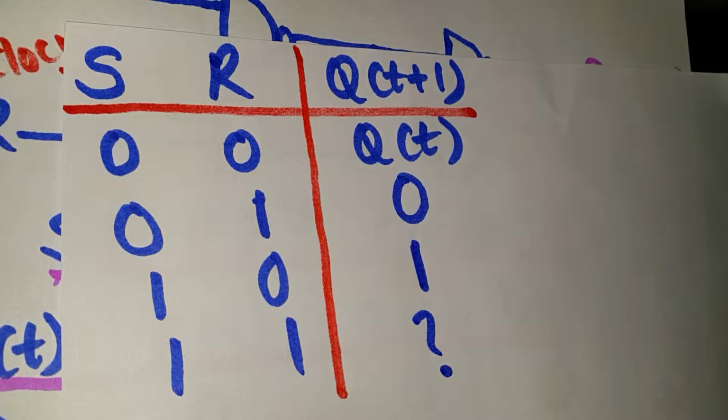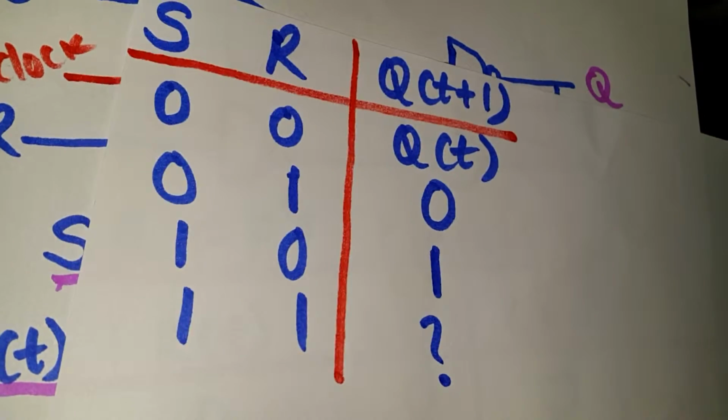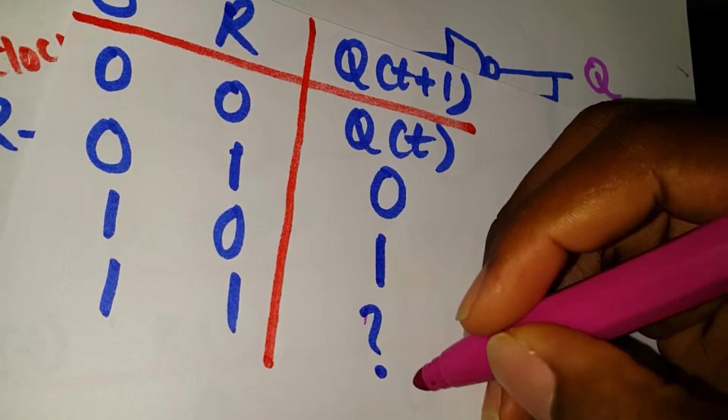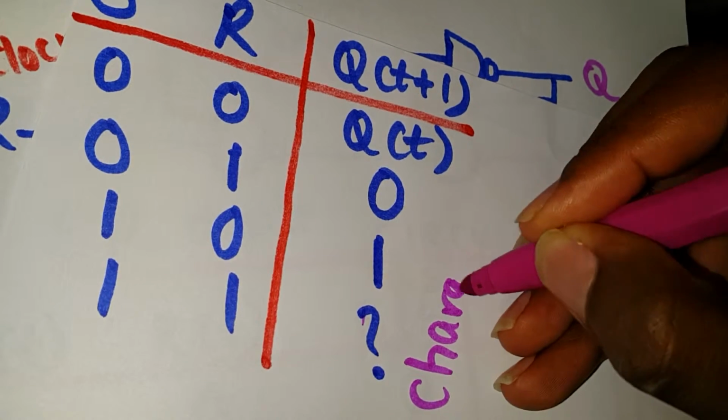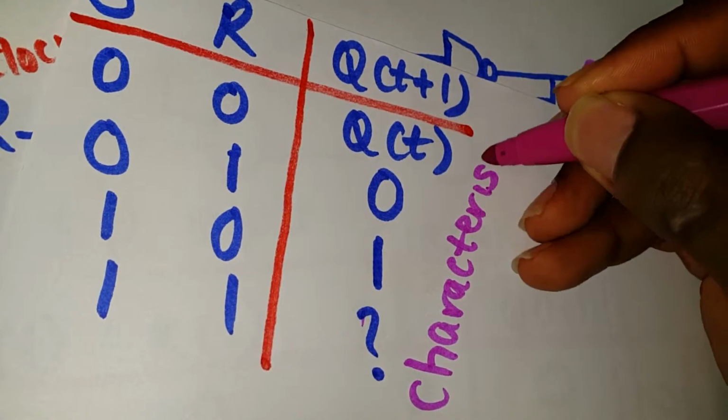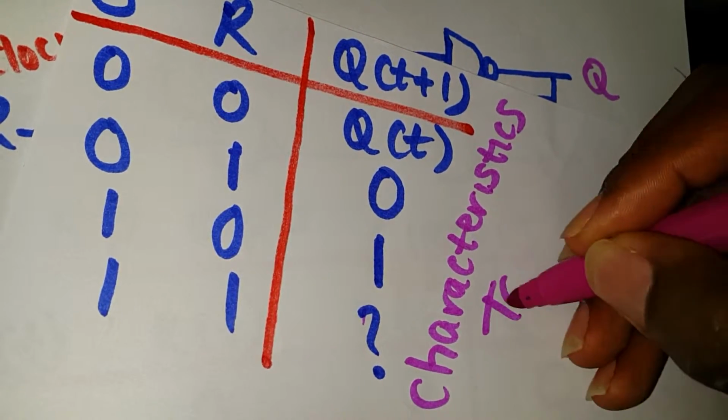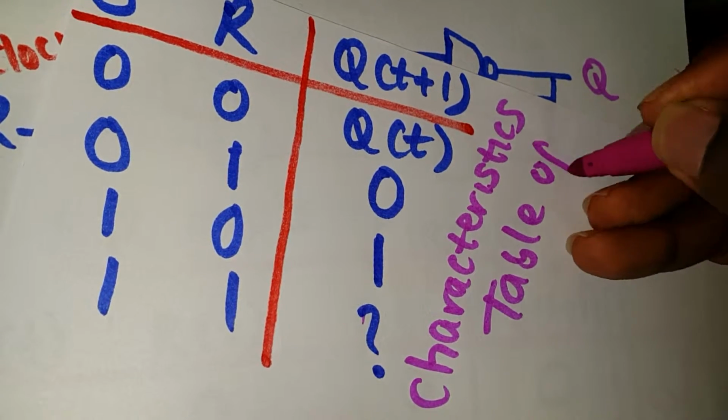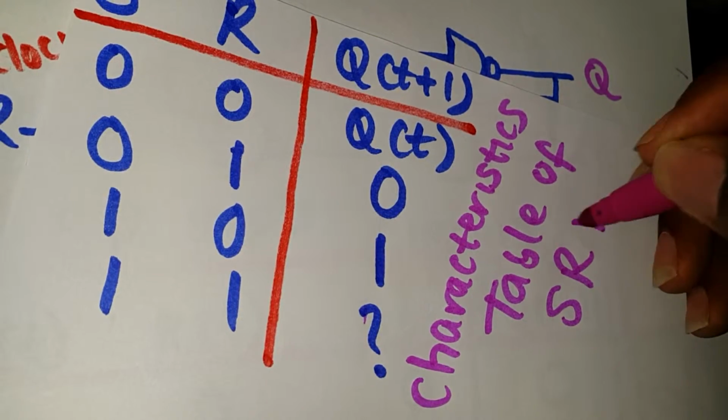So that is our characteristics table. Let's write it here: characteristics table of SR flip-flops.